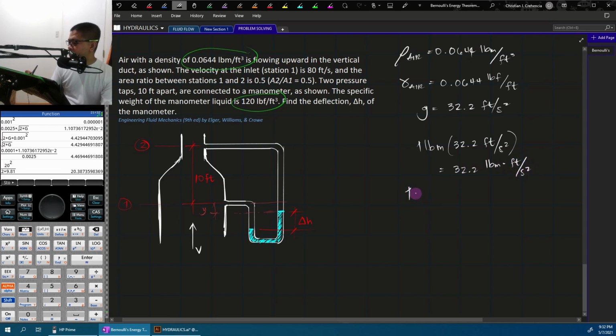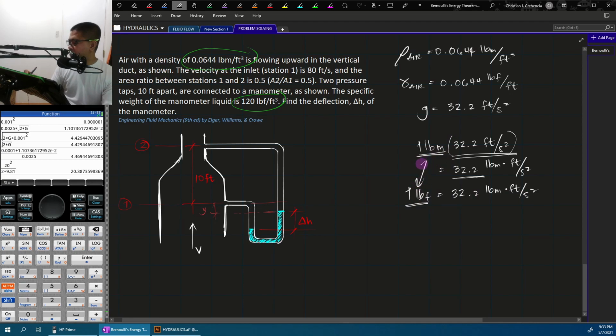And 1 pound force is equal to, our conversion here is 32.2 pound mass feet per second squared. So, if we have 1 pound mass, we multiply by the gravitational acceleration, and that will be equal to 32.2 pound mass feet per second squared, which is still equivalent to 1 pound force.